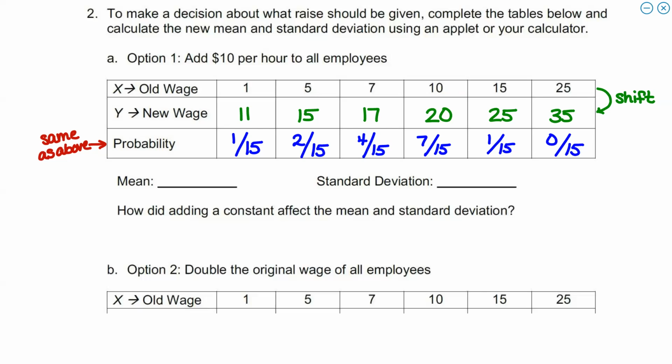So 11 times 1 over 15 plus 15 times 2 over 15 plus 17 times 4 over 15 plus 20 times 7 over 15 plus 25 times 1 over 15. And since nobody had this, I don't have to include that. You can if you want to, but I know when I multiply something by 0, it's just going to be a 0.